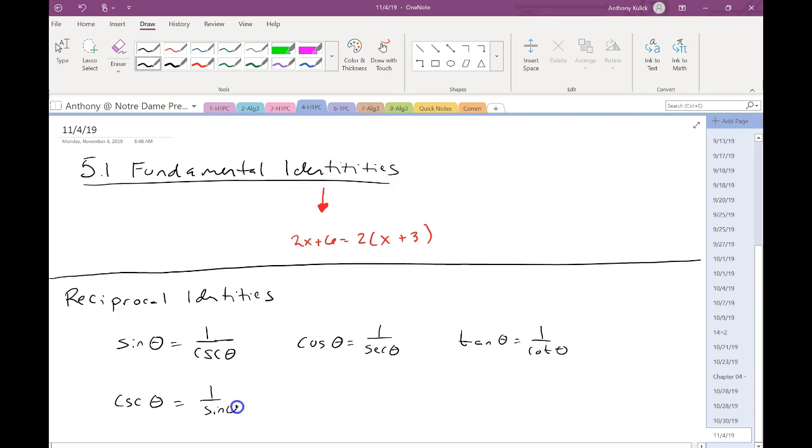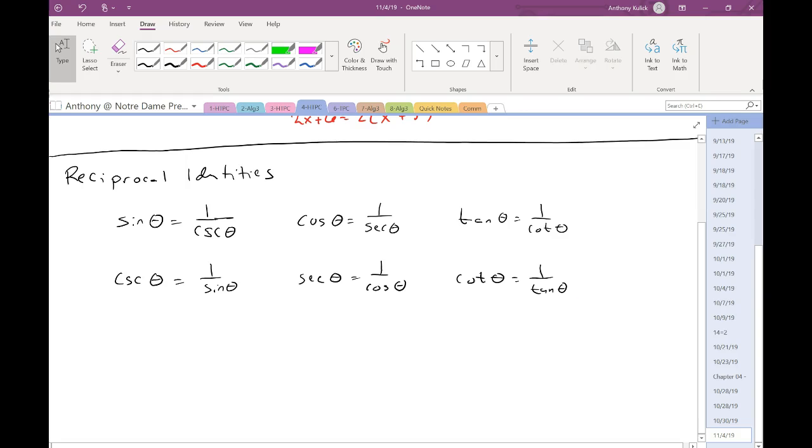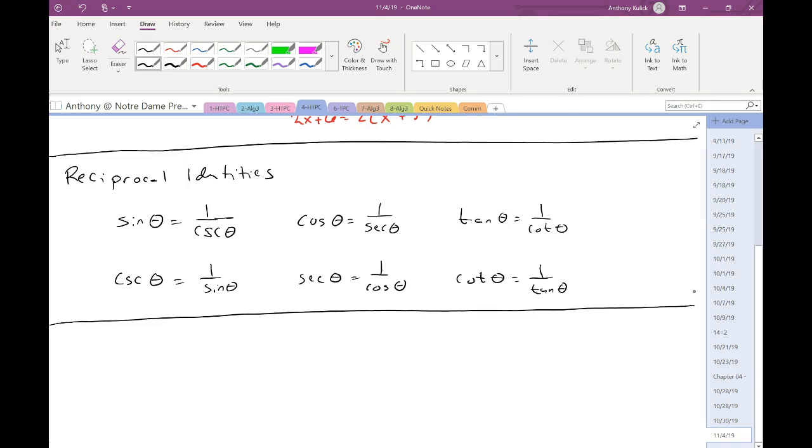So this is just me recollecting that information all into one place. I'm not going to spend really any more time describing why these relationships are true. We did that way back when we talked about right triangle trig, and it basically stems purely from the definitions of how we define these functions.